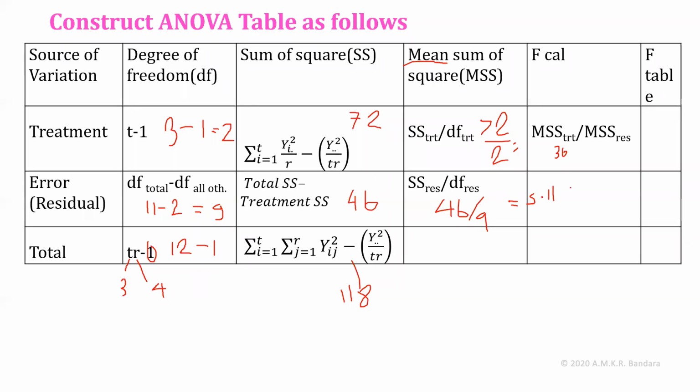Now, in order to find the calculated value, you have to divide the mean sums of square treatment, which we found is 36, by the mean sums of square residual, which we found as 5.11.